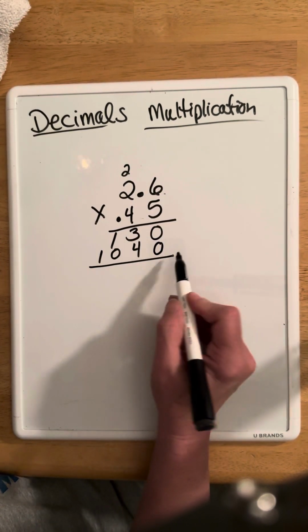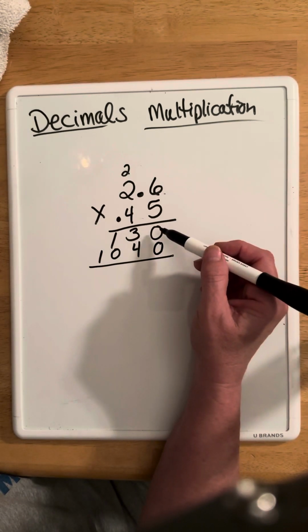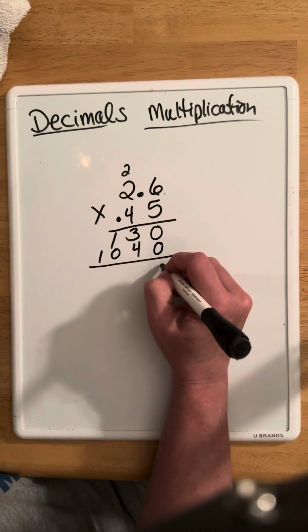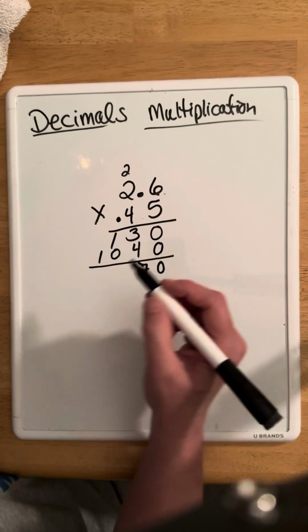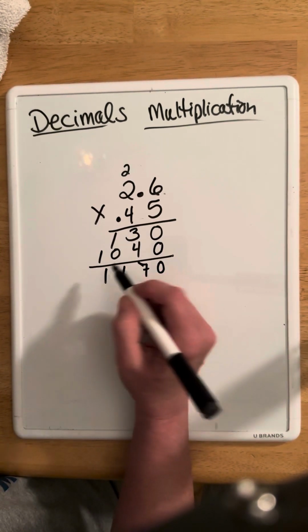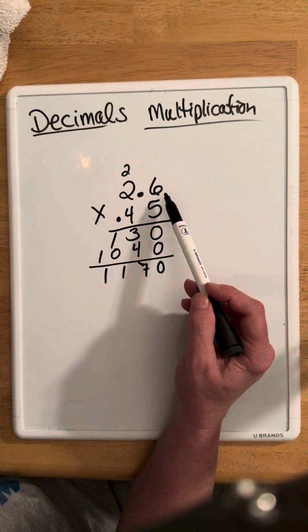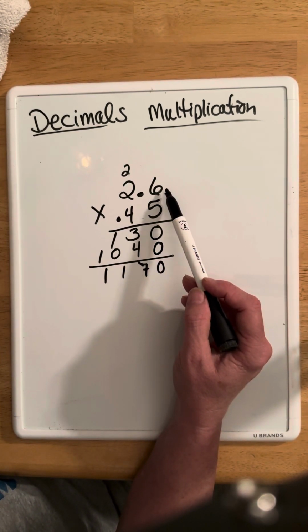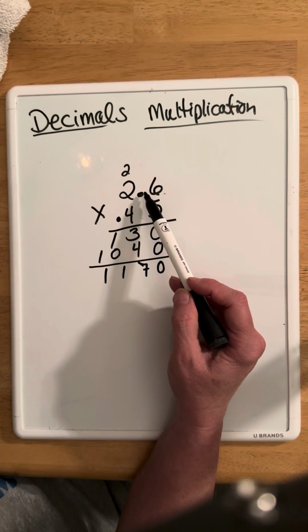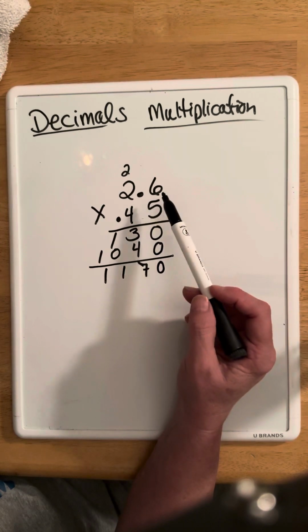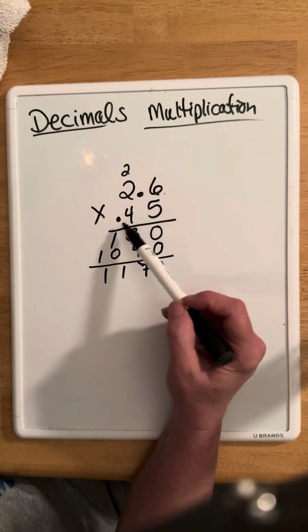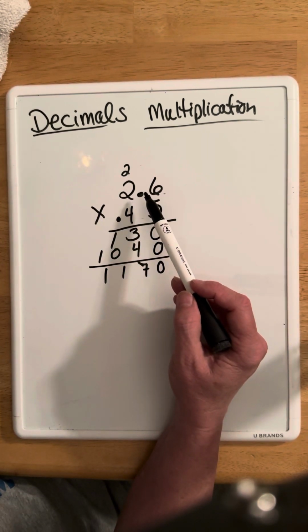Now we have to add up these 2. 0 and 0 is 0. 3 and 4 is 7. 1 and 0 is 1. And 1 is 1. Now remember, we have to count from the end of our number. How many places did it skip over? But we're going to have to do it here too. And instead of getting an amount from this and then an amount from this and adding, we're just going to continue our counting.